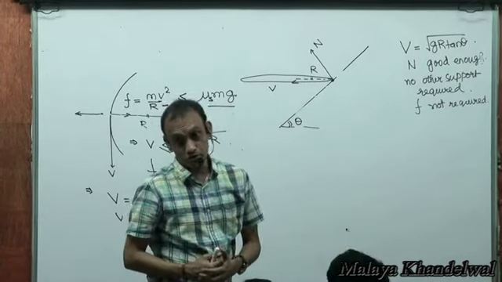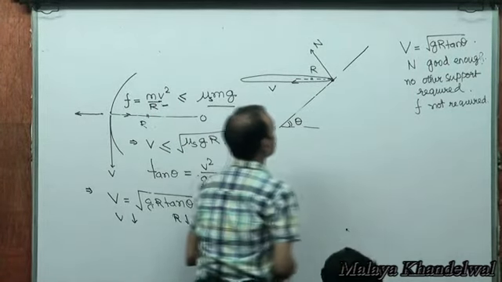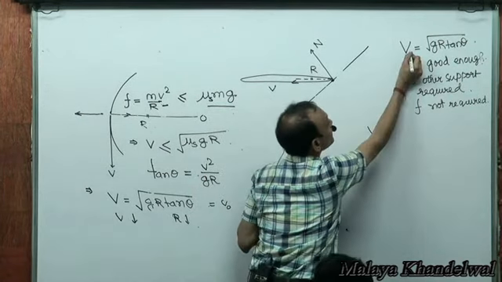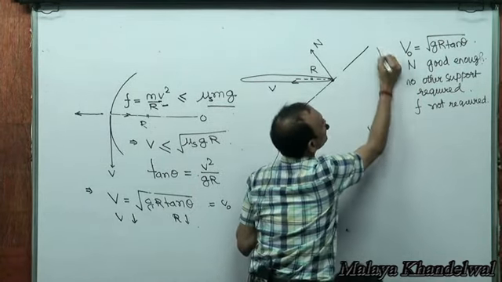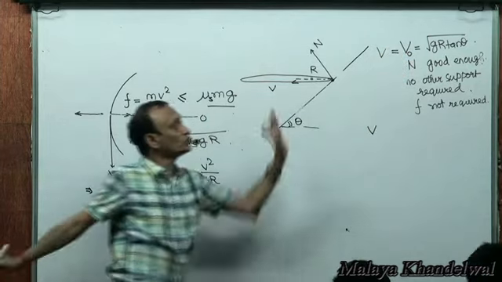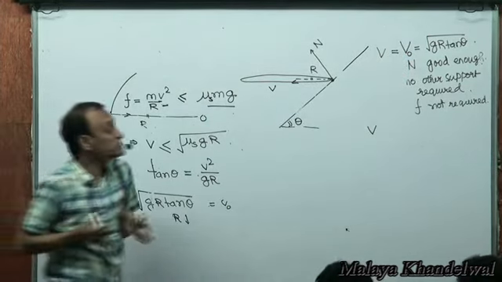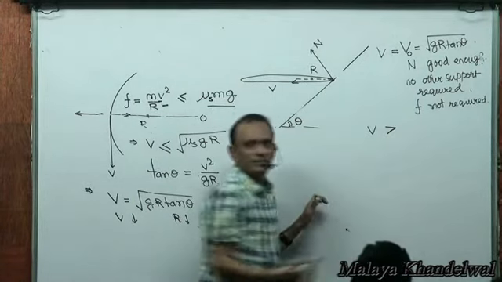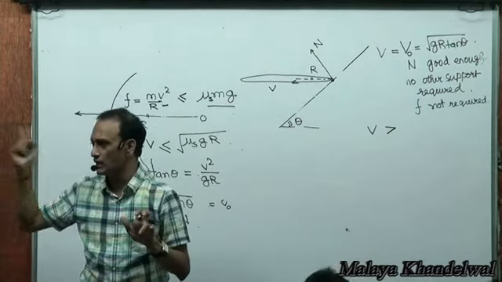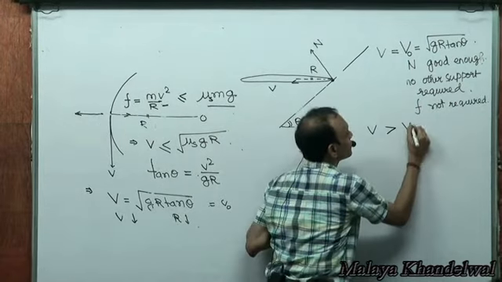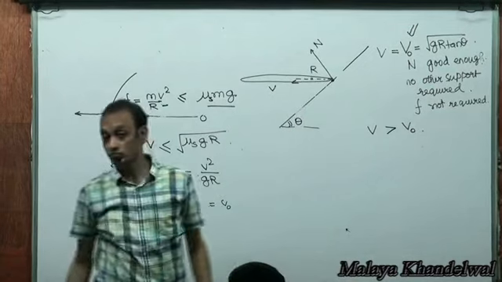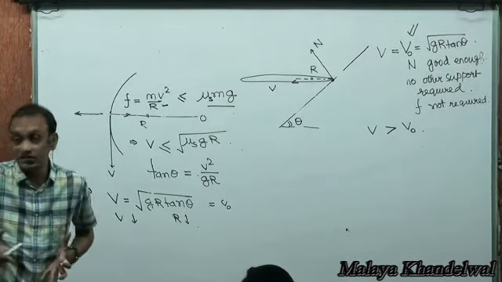But suppose, so this is my v naught. v equal to v naught, which is root gr tan theta. But suppose the speed with which I want to negotiate the same radius R is greater than this v naught. Right? v is greater than this v naught.